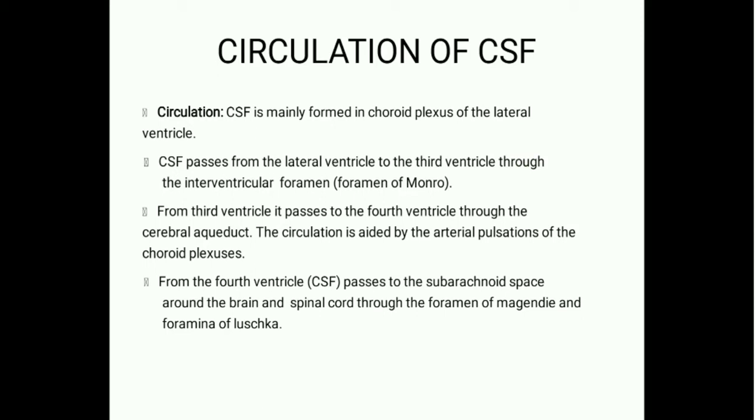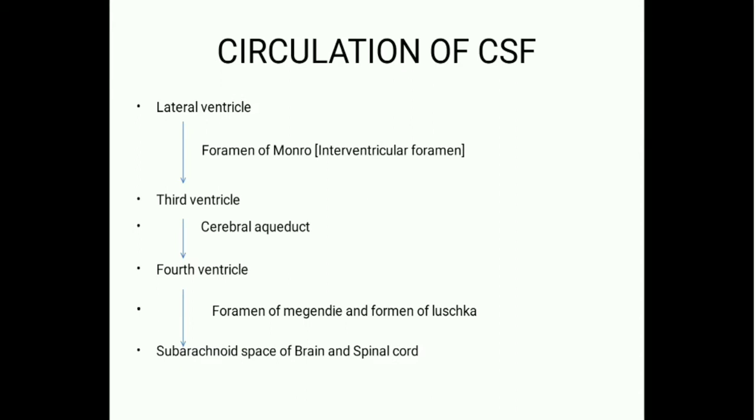The circulation is aided by the arterial pulsations of the choroid plexus. From the fourth ventricle, CSF passes to the subarachnoid spaces around the brain and spinal cord through the foramen of Magendie and the foramen of Luschka. So this is the flowchart representing the circulation of CSF.